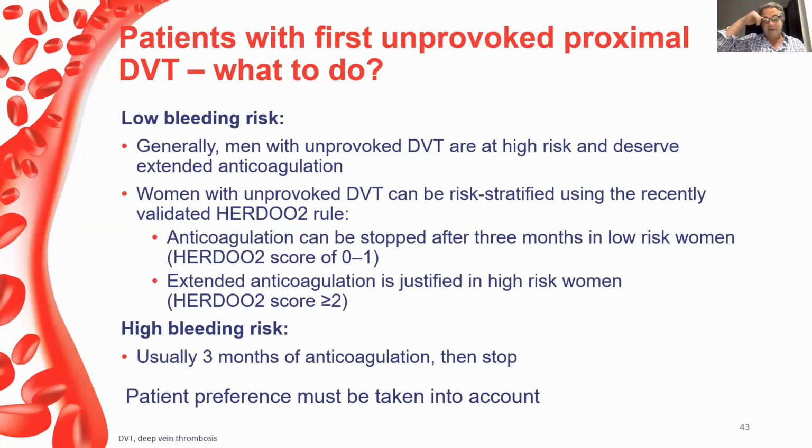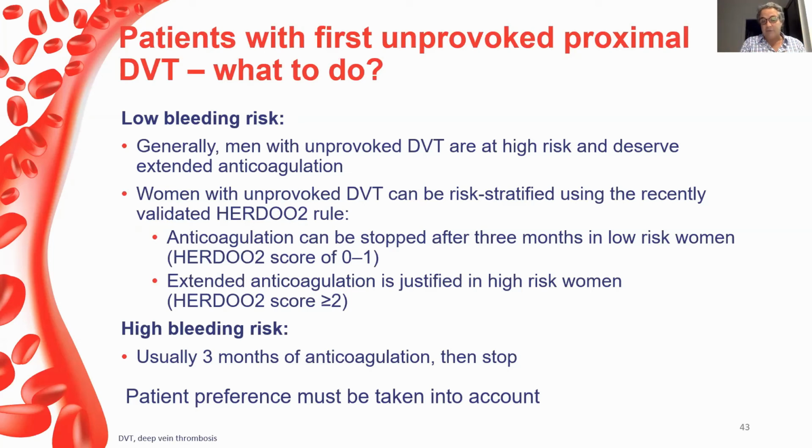But it's interesting actually, because we now have a great tool that we can use with an unprovoked DVT. Men are off the table. Men with unprovoked DVTs are high risk and they need to be treated forever. But now we have a validated tool called the HER-DOO2 tool, and I'm going to show it to you. If you're a woman that scores low risk with this tool, which means a score of 0 to 1, you can actually stop anticoagulation after 3 months.